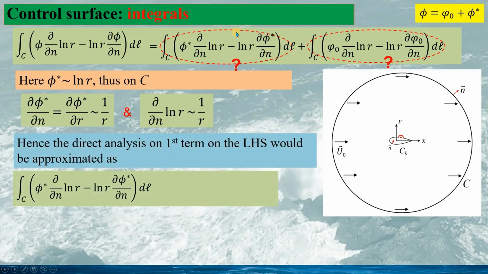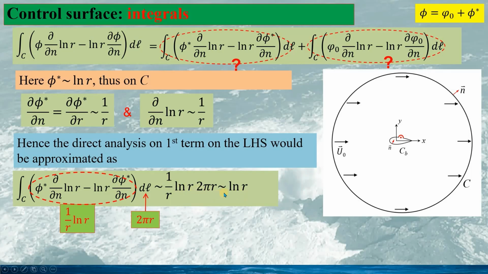Thus, for the integral of this term, we can see the integrand would be proportional to 1 over r ln r, but the integral on the whole curve would be proportional to 2 pi r. Multiplying these together, it would be given as this, and it would be roughly proportional to ln r.